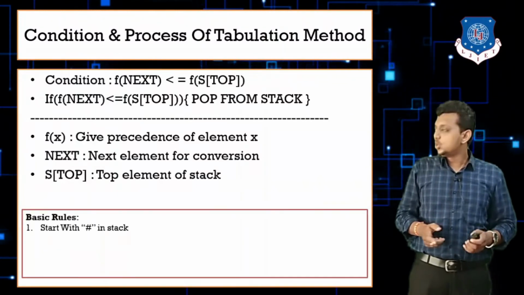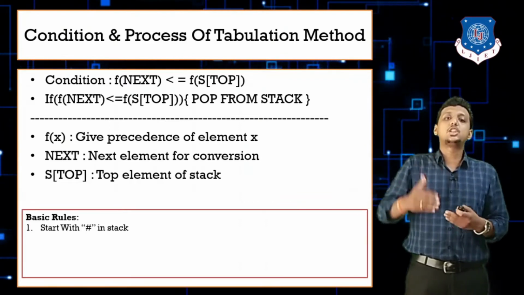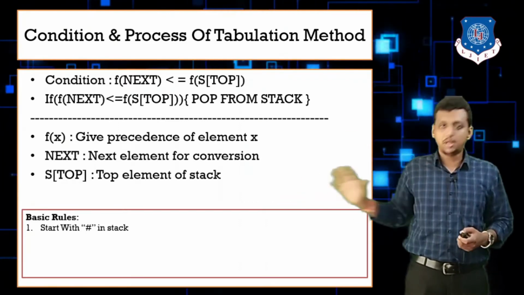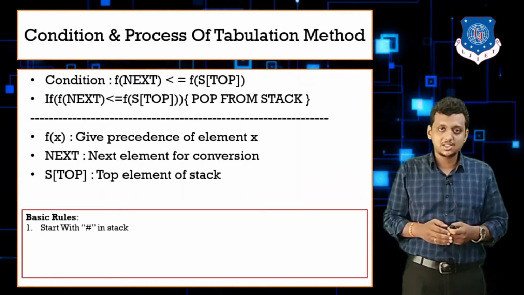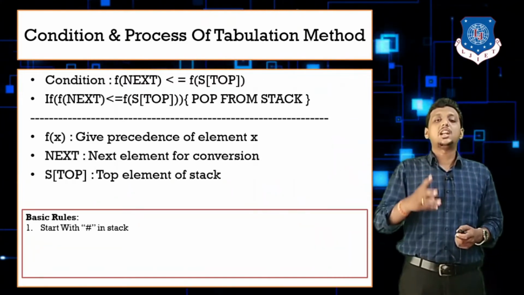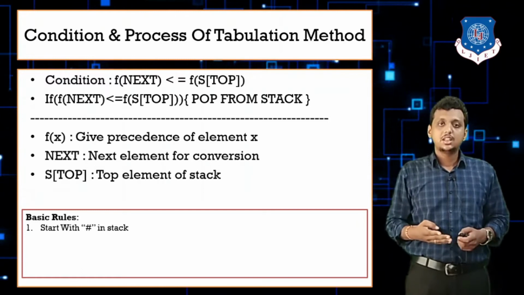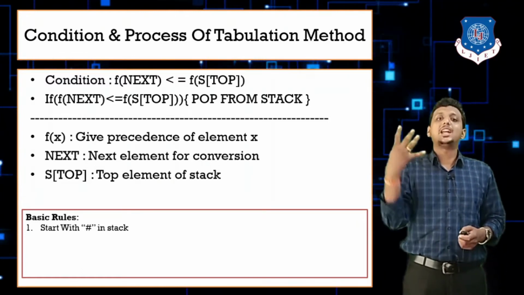Here are some basic rules for how you can start the evaluation or execution of this example. We have the infix string with us, and you need to start with the stack. Here we are going to make 4 different columns: input symbols, then stack, then reverse polish, and then rank.